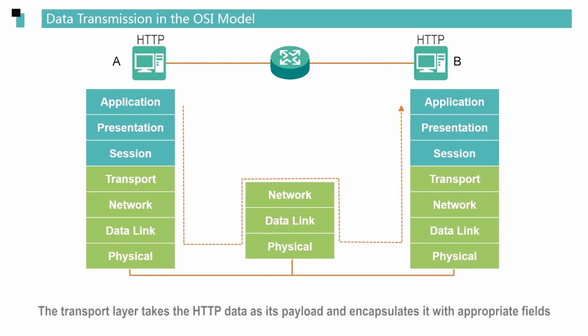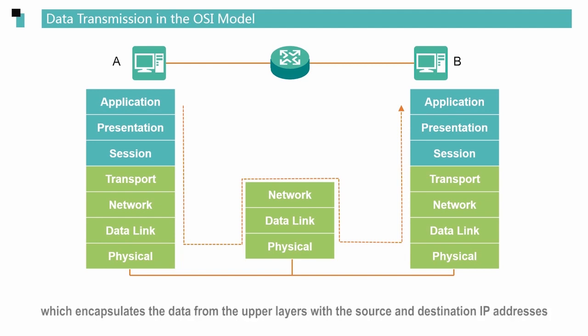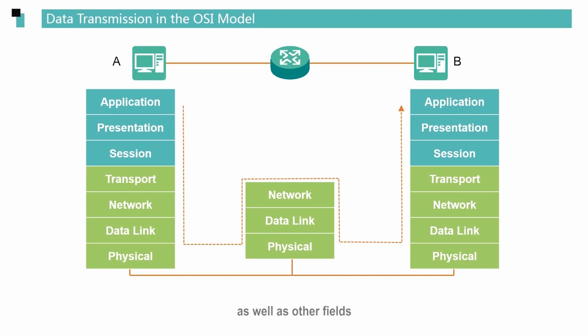The transport layer takes the HTTP data as its payload and encapsulates it with appropriate fields, including the source port number and the destination port number. This content is then sent to the network layer, which encapsulates the data from the upper layers with the source and destination IP addresses, as well as other fields.